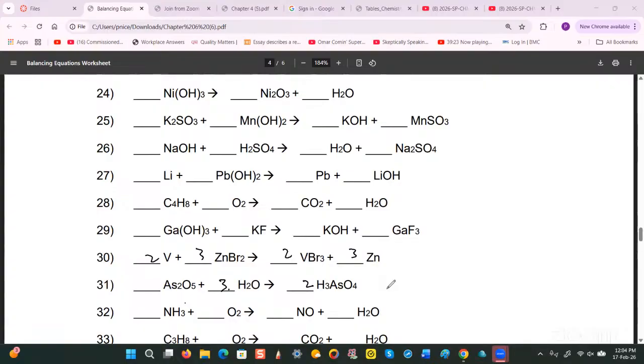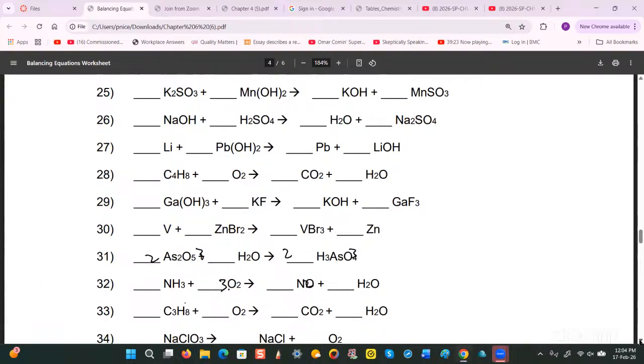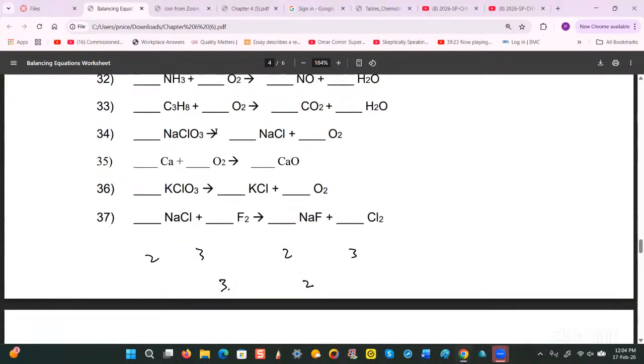Ag, CO3. Oh, wait, Ag is Ag2. Is there an Ag2CO3? So we've got to put a 2 in front of it, so it's 1, 2, 1. We got 2, 1, 2, 1.